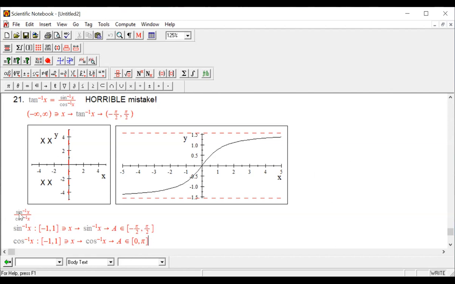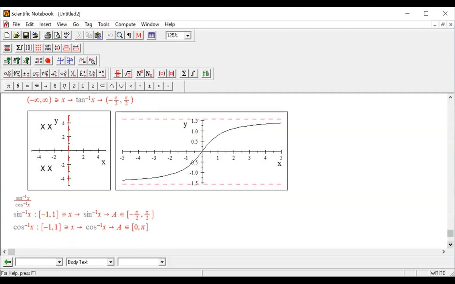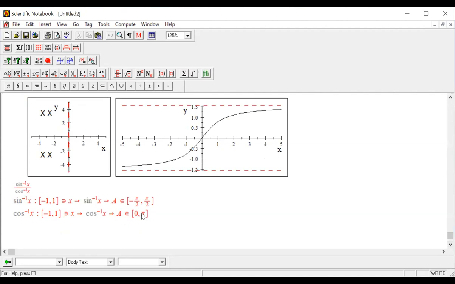So don't make these mistakes. Just take a closer look. I don't know what else to say. So don't make these mistakes.